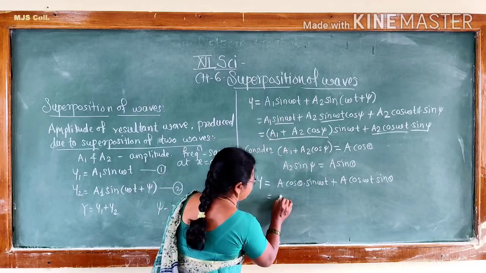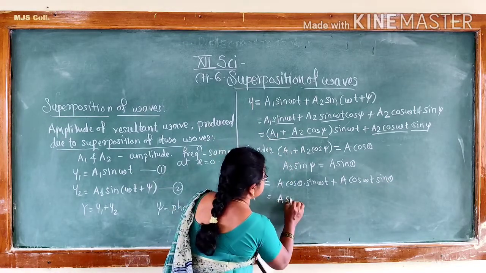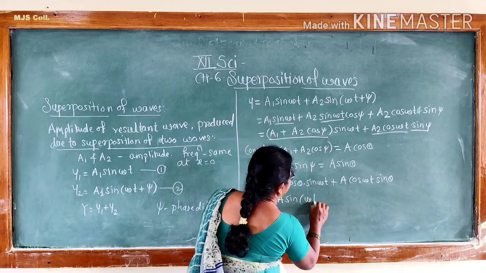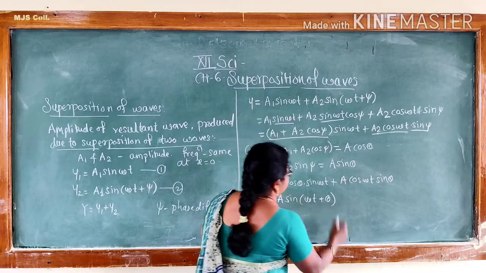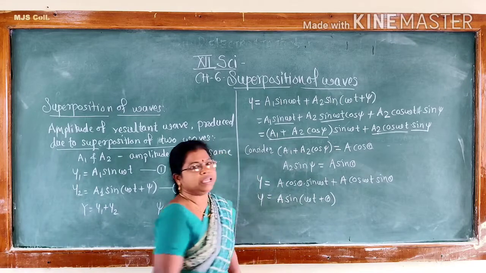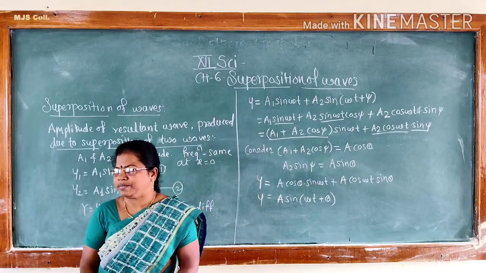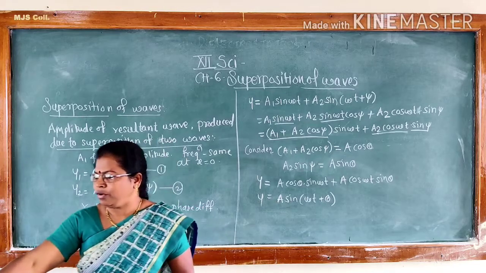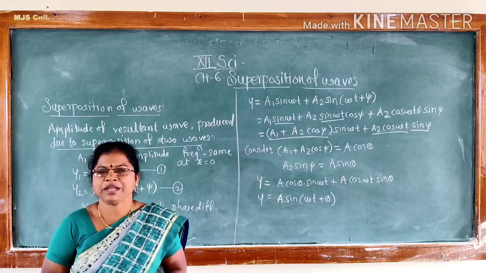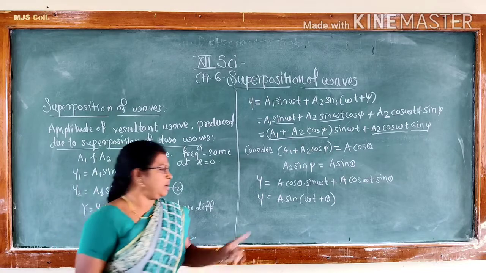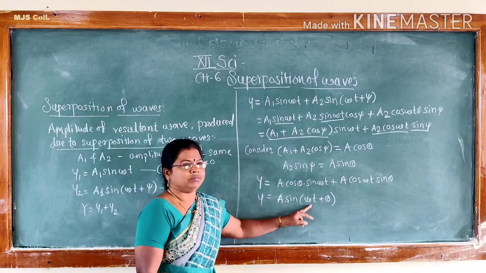That means this is equal to A sin(omega t plus theta). So this is the equation of the resultant wave, and it has the same frequency as that of the interfering waves.